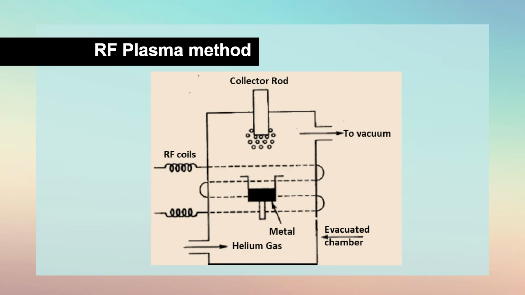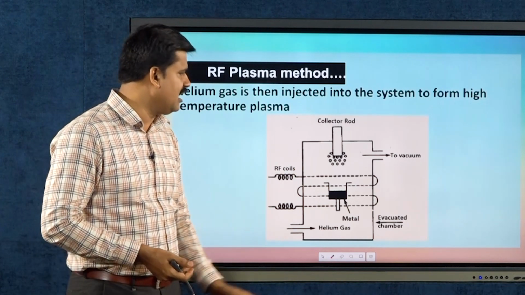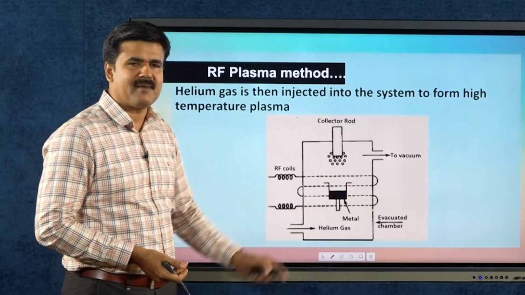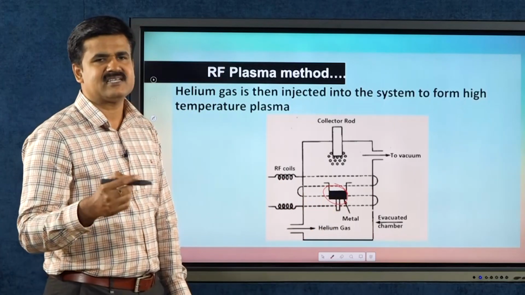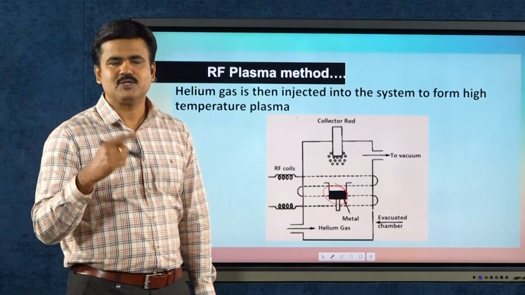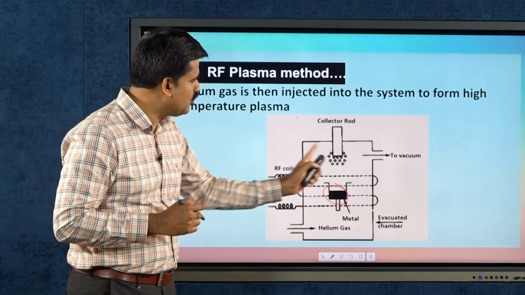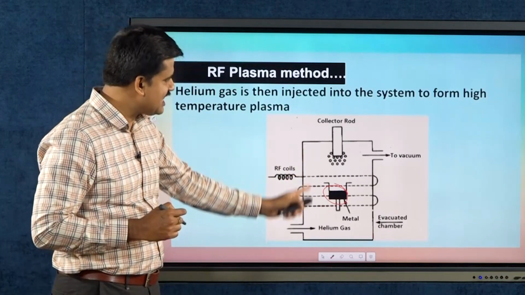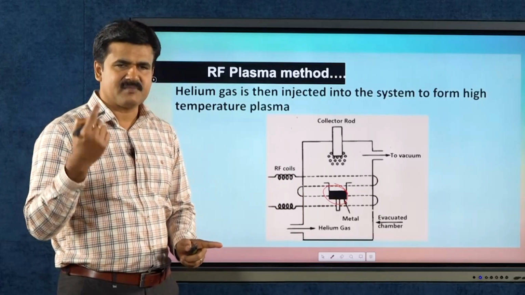Okay. Now, this is the pictorial representation of the instrumentation used in the radio frequency plasma method. Here you can see some RF coil. Here there is a metal which is shown in black. This is the metal, maybe silver or platinum or gold, any metal from which you are going to prepare the nanoparticles. And there is an RF coil that surrounds your metal, and this chamber is entirely filled with helium gas. The RF coil generates some heat energy.